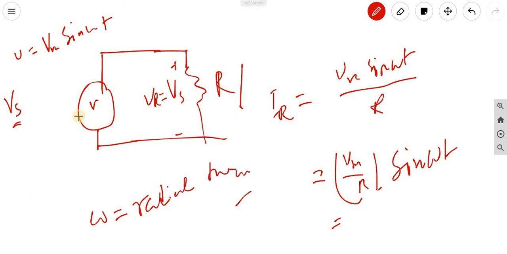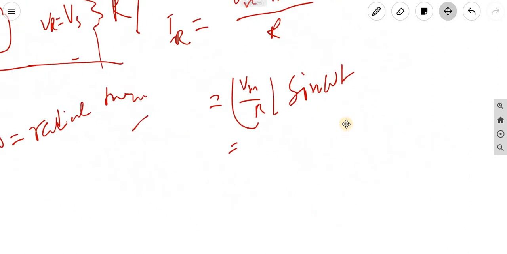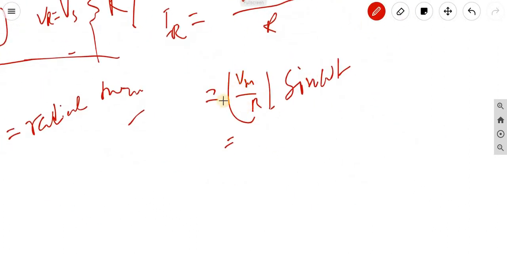If the voltage source has radial frequency omega, the current also has omega frequency, so we can consider Vm by R as Im, giving Im sin omega t.